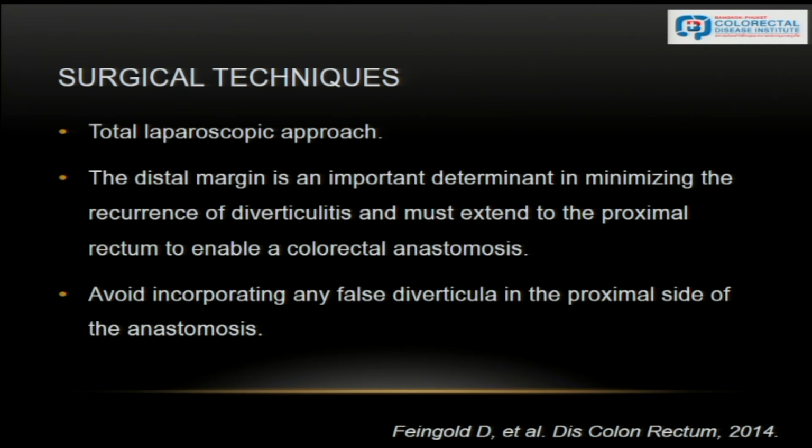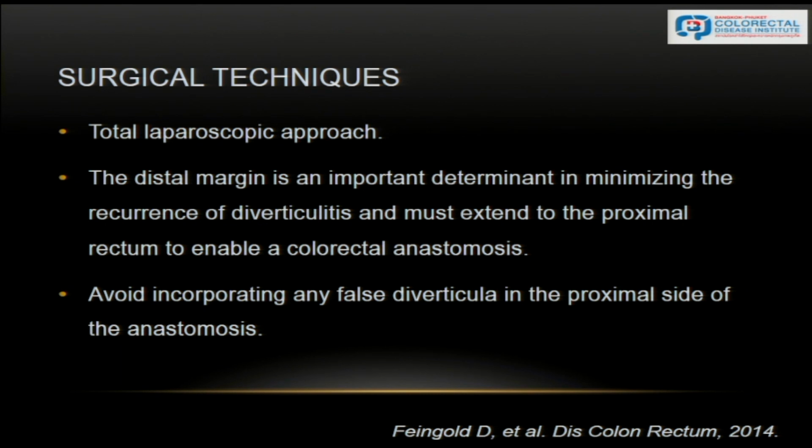We make sure the distal margin involves the upper rectum, so we are not leaving any diverticulosis. We do colonoscopy to check the pouch and at the same time to check that there are no residual diverticulae on the distal end. We also avoid the proximal end of the anastomosis having any diverticulosis if possible.